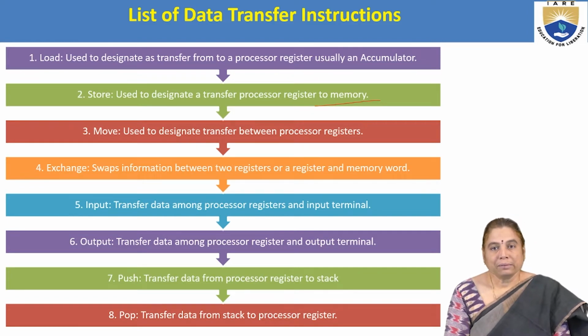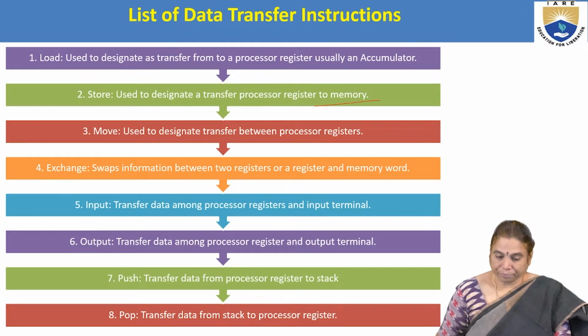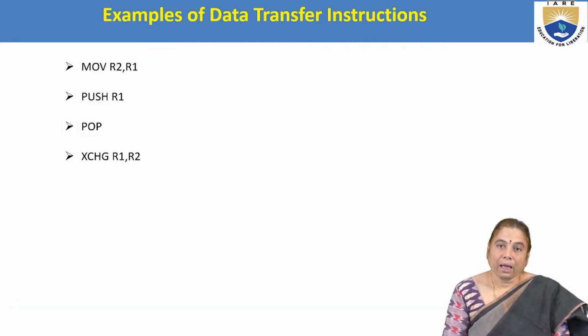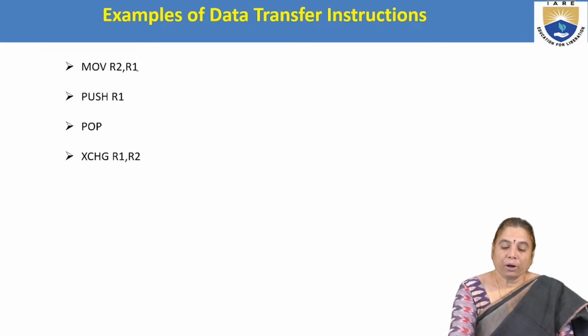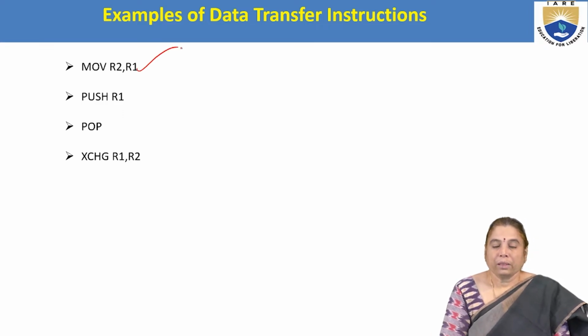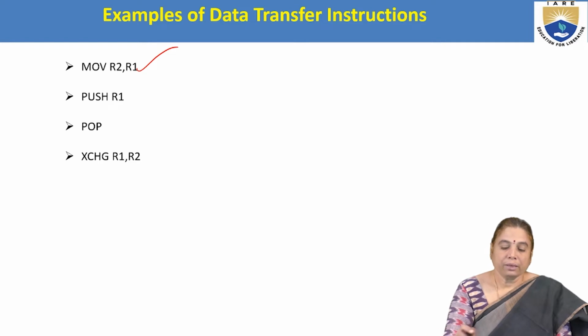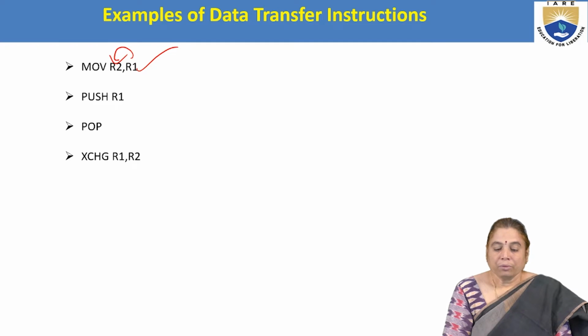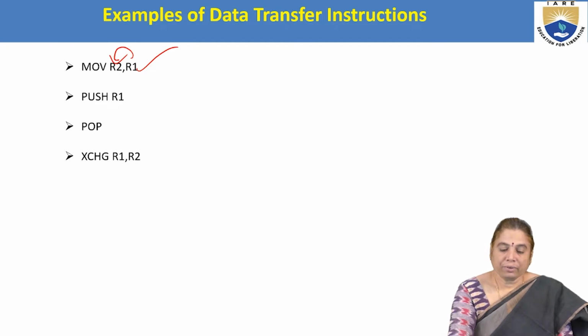Push and pop are concerned with stack operations. When data is to be inserted in the stack, the push mnemonic can be used. If the data is to be retrieved from the stack, the pop mnemonic can be used. How can these be applied? MOV R2, R1: the content of register R1 is moved to register R2. PUSH R1: the content of register R1 is moved to the stack.